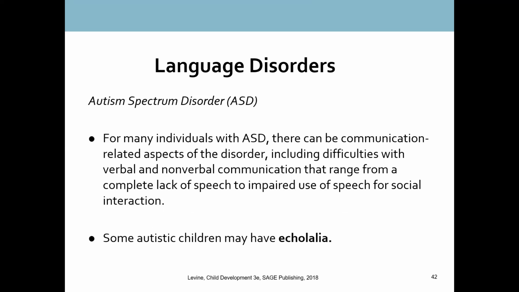I talked about ASD a little bit in another chapter, but it's coming up here again because one of the major aspects of autism spectrum disorder is the communication related problems that affect somebody with ASD. In fact, I would say that's really the hallmark of this disorder.